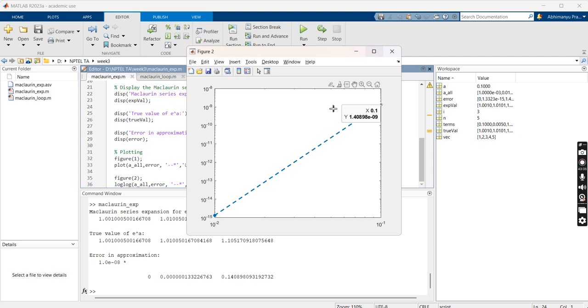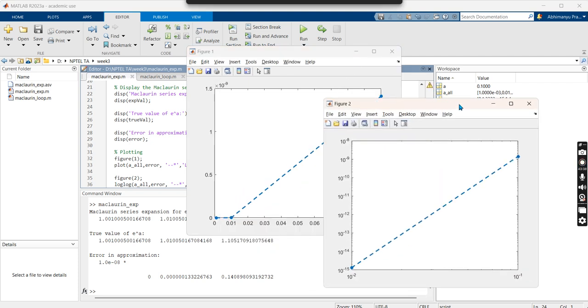There are only 2 points. Why is it showing me only 2 points?